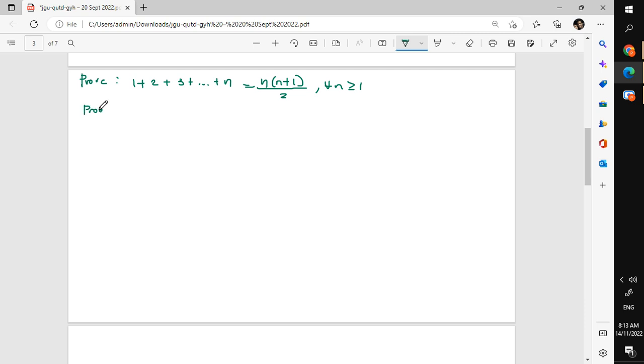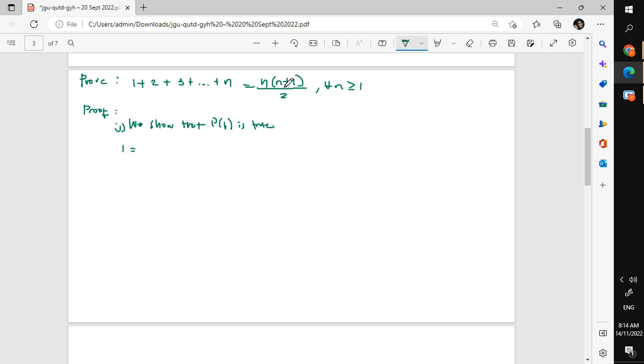So we have in here our proof. We start with the base step. For the base step, we show that P of 1 is true. You can say P of 1 is true or P of 1 holds. That's up to you and how you will craft your sentence. So when P of 1 holds, the first term on the left side is 1.